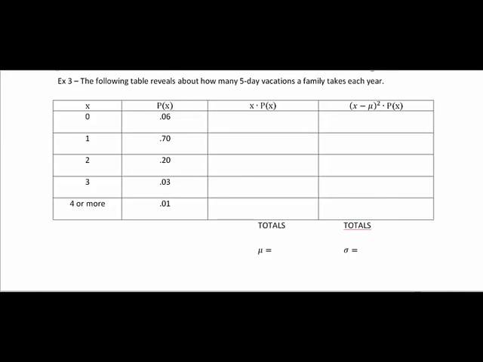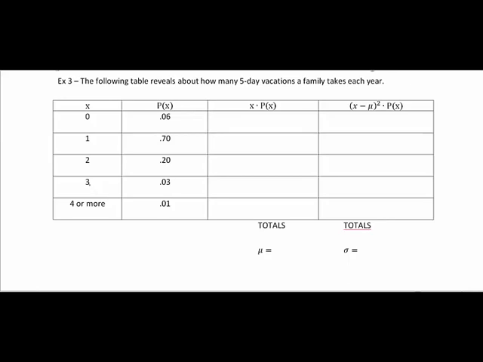So what that means is that 6% of the families take 0 5-day vacations. 70% of the families take at least 1 5-day vacation, or several vacations that add up to 5 days.